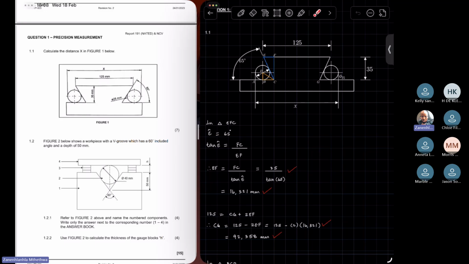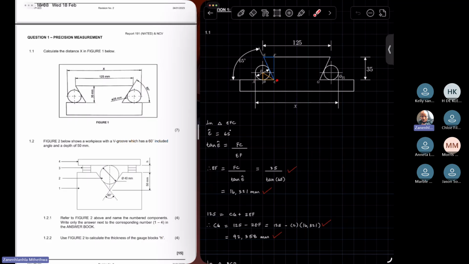Now, in having to calculate BC in such problems, this distance, this is the triangle that you need to draw. You draw a line from the center of the roller to where these two tangents meet. So you have two tangents here, namely AC and EC.